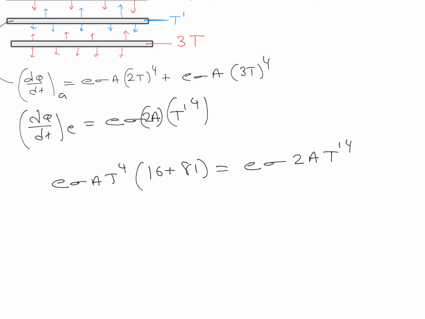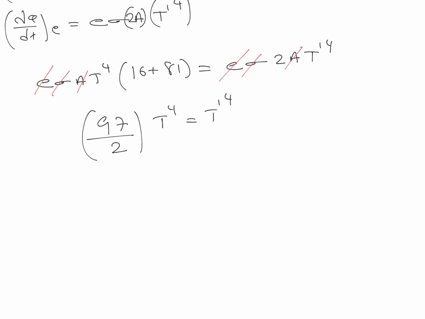We can cancel the common terms E sigma and A. So on the left side we get 16 plus 81, which is 97, divided by 2, into T raised to 4, equal to T dash raised to 4.